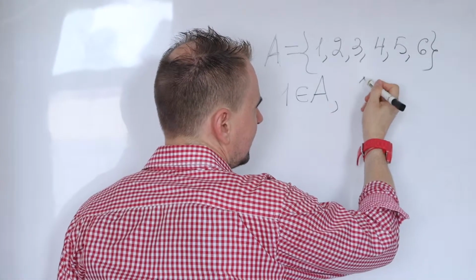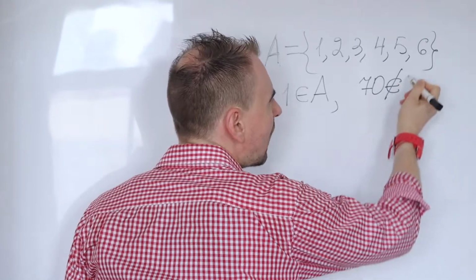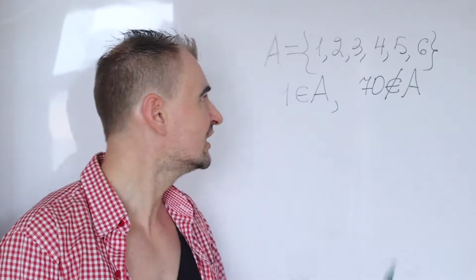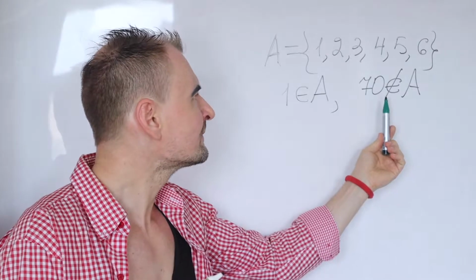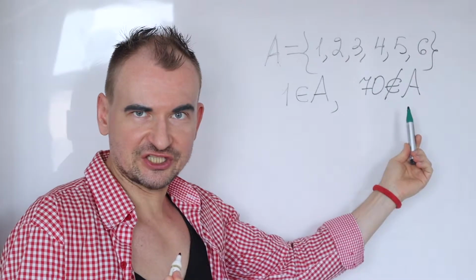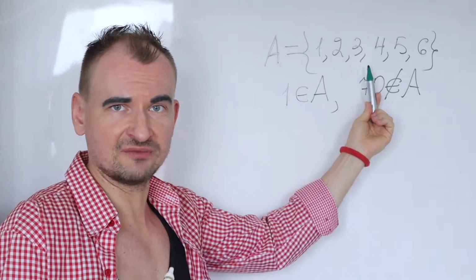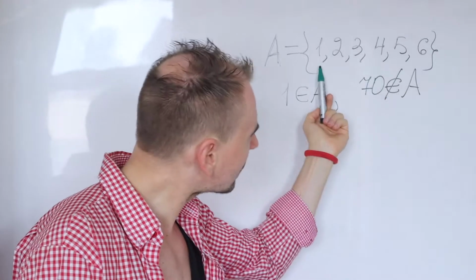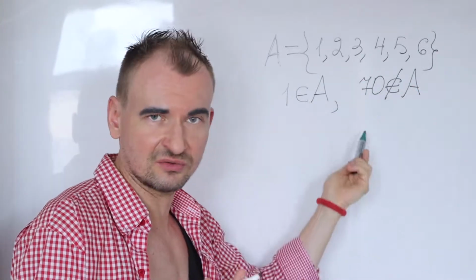Whereas the element 70 does not belong to a set A. So you just cross this symbol of this relationship. Why? Since 70 is not in our set, we have the sequence of natural numbers from 1 till 6. And as you can see, 70 is not there.